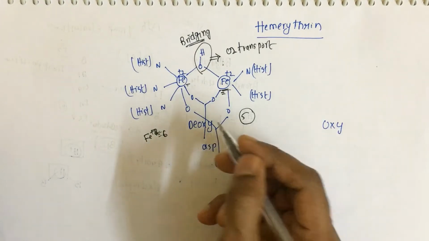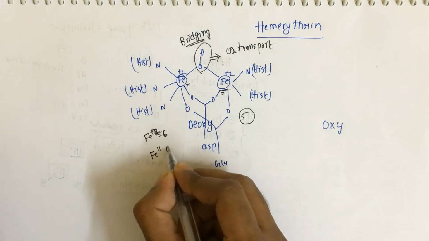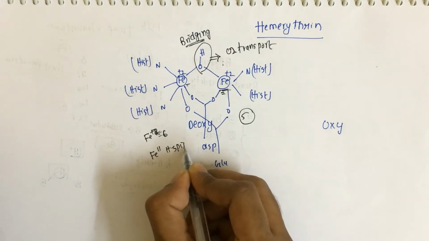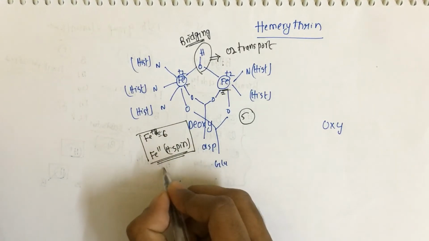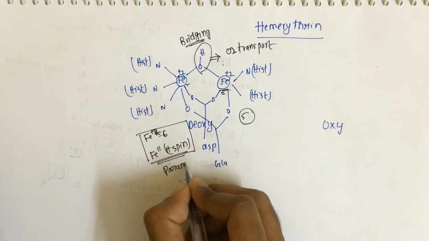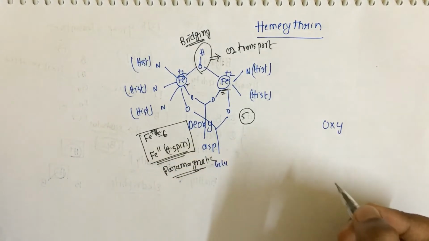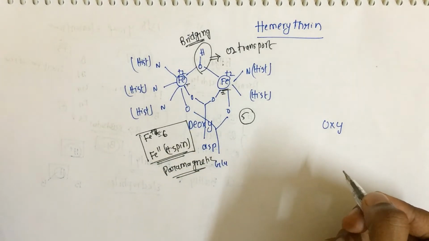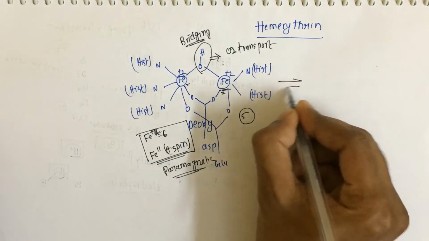And both the iron atoms are in a high spin state, so it will most likely be a paramagnetic compound. So this is about deoxyhemerythrin, and now we'll go for oxyhemerythrin.